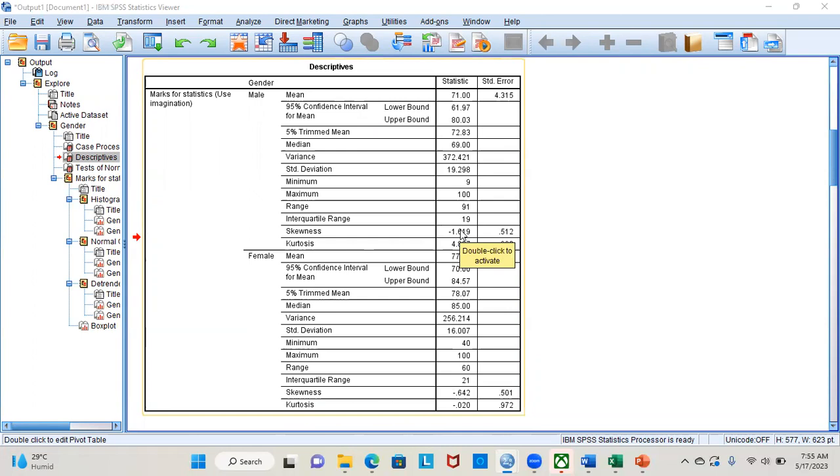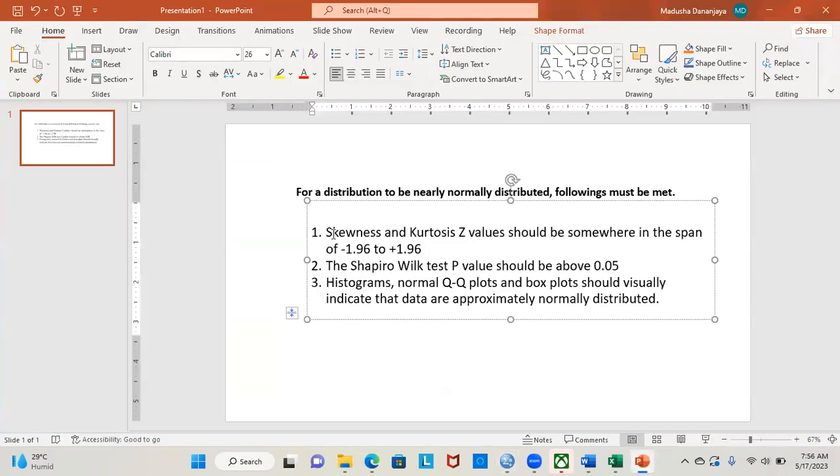But we cannot expect a distribution to be a perfect normal distribution curve, so we cannot expect the skewness to be exactly 0. But it should be around 0. Now, see the requirement again: skewness and kurtosis Z value should be somewhere in the span of minus 1.96 to plus 1.96.